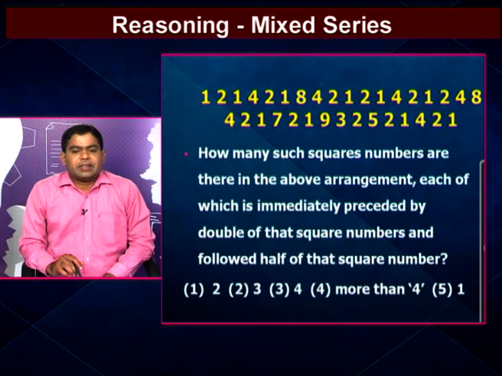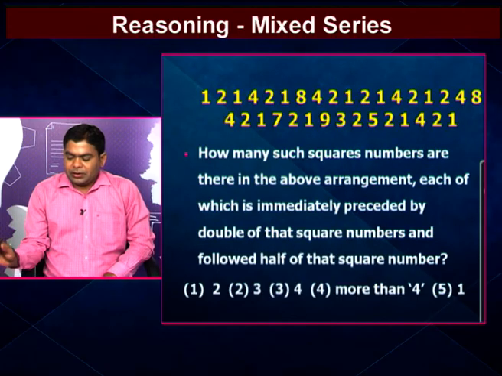How many such square numbers are there in the above arrangement, each of which is immediately preceded by double of that square number and followed by half of that square number? So here in the question, square numbers are given.